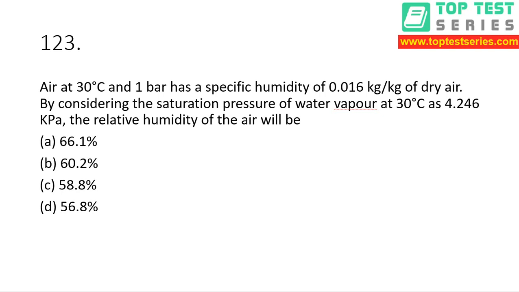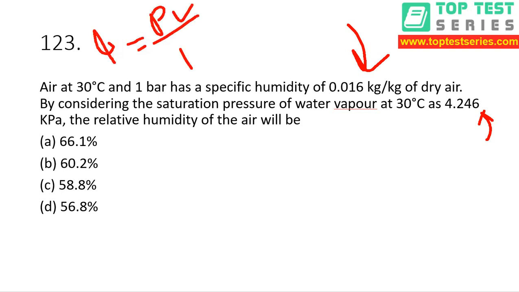So we have to find out relative humidity. My dear, we have been given specific humidity and saturation pressure. We know that relative humidity phi is equal to PV by PVS. So if we can get the value of PV, then we can easily find the answer to this question. So how can we find the value of PV?